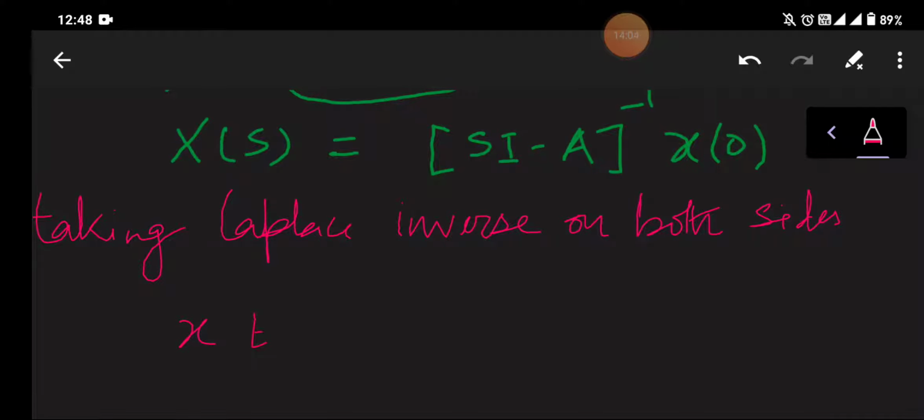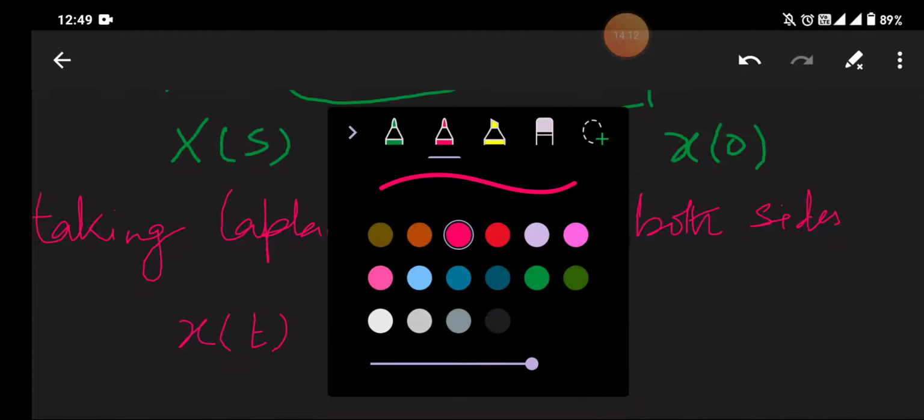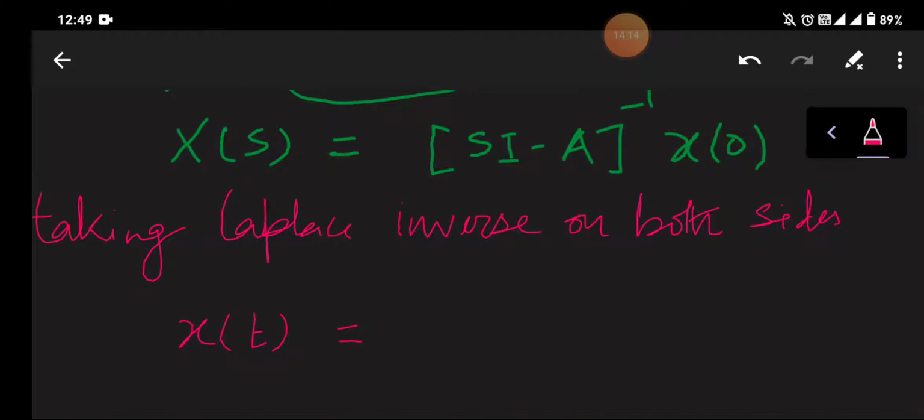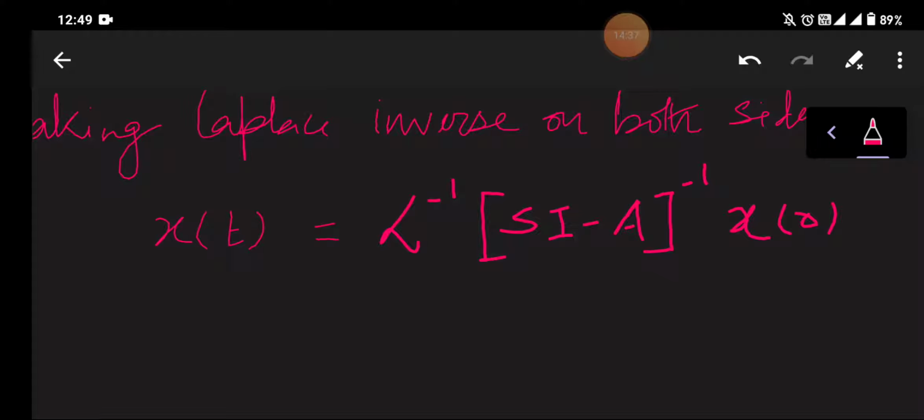So we will get our state at any time t, which is equal to Laplace inverse of sI minus A inverse multiplied by x of 0, because this is a constant value. So in this way we have formed a formula for our phi t.